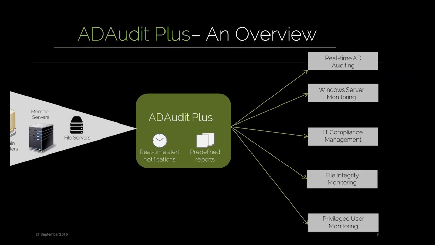It's completely agentless software. Also, this tool will not make any changes on the Active Directory for the installation. There are a few changes you have to make on your domain controllers, yes, that's correct, but the tool will not make any changes without the permission of the administrator.